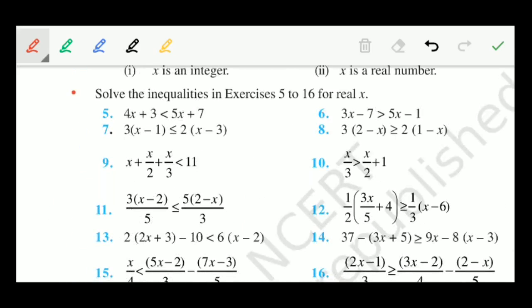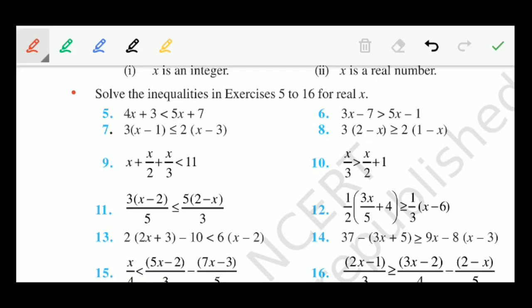Solve the inequalities in exercises 5 to 16 for all real x. We will solve this question in the same way as we already did in the second part of question number 3. See the solution of question number 5. They have given 4x plus 3 less than 6x plus 7.